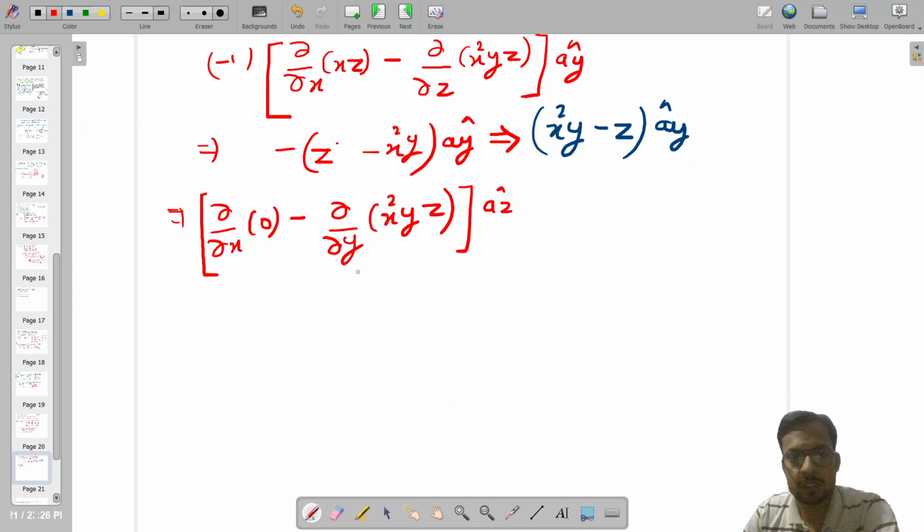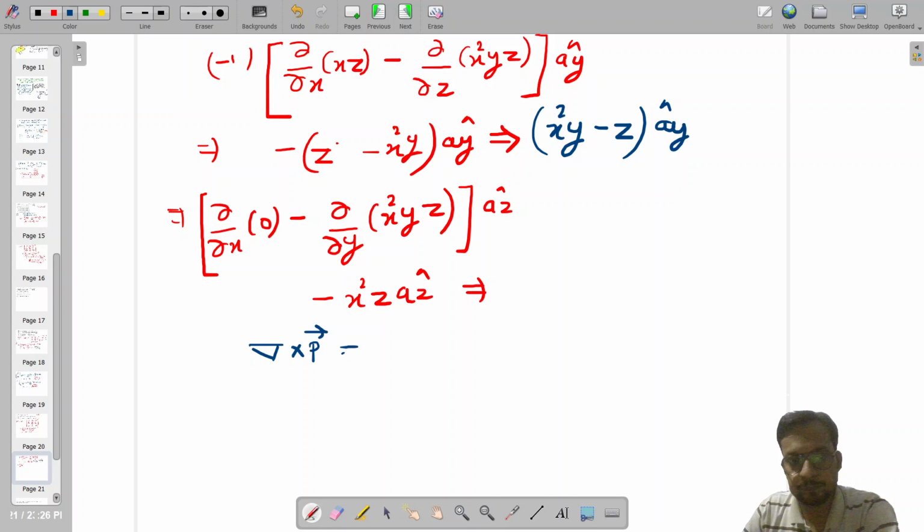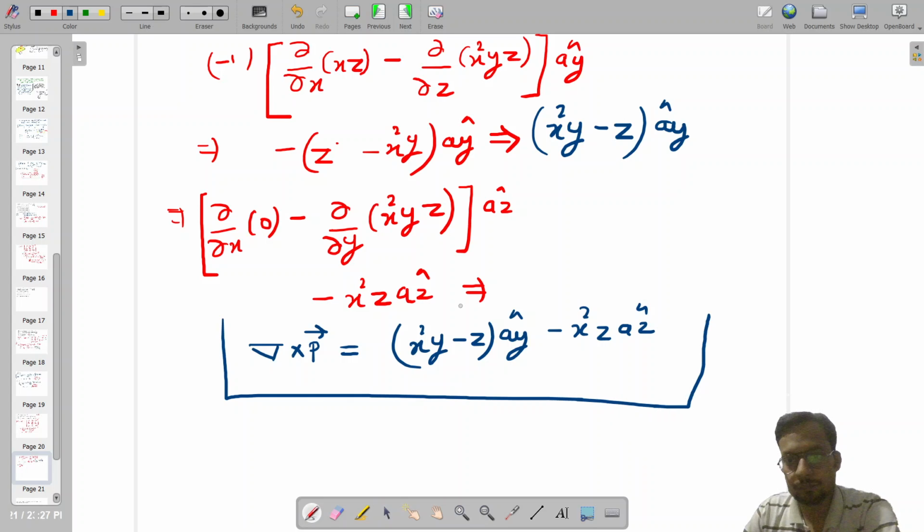So this will give 0, and this is minus x square z az. So del cross P is equal to (x square y minus z) ay minus x square z az. So this is the final answer.